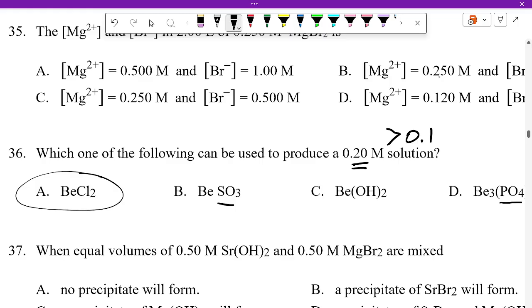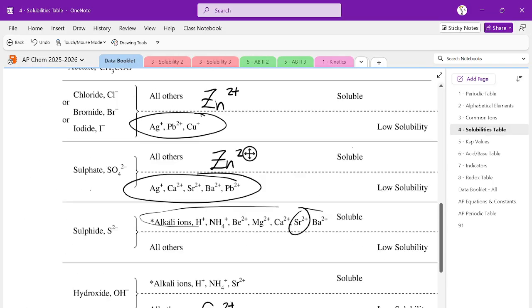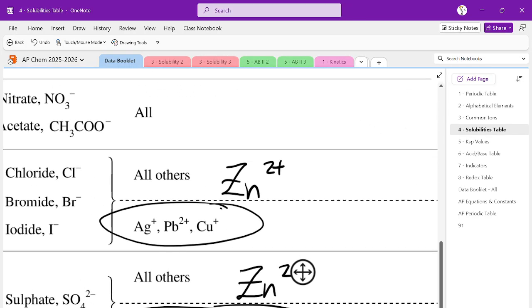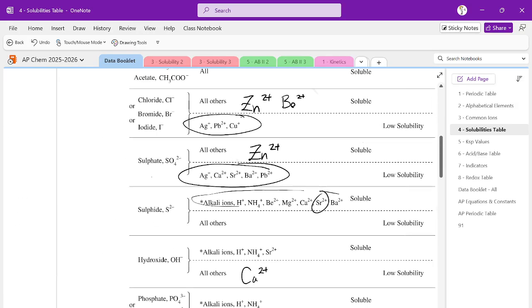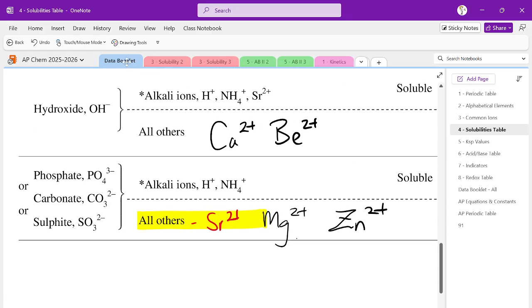They're low solubility with almost everything, and hydroxide's fairly low down as well. So let's check it out and make sure. Beryllium chloride indeed is soluble. Beryllium hydroxide is low solubility, and beryllium phosphate and carbonate and sulfite are all low solubility.